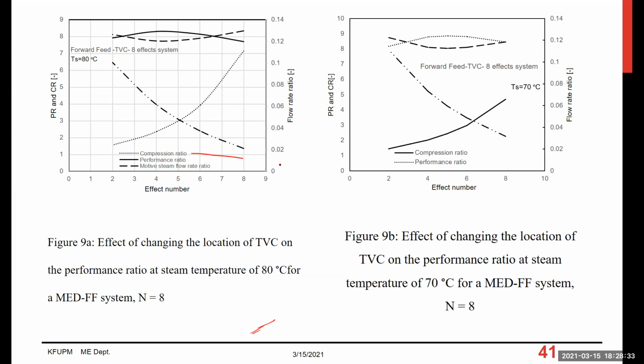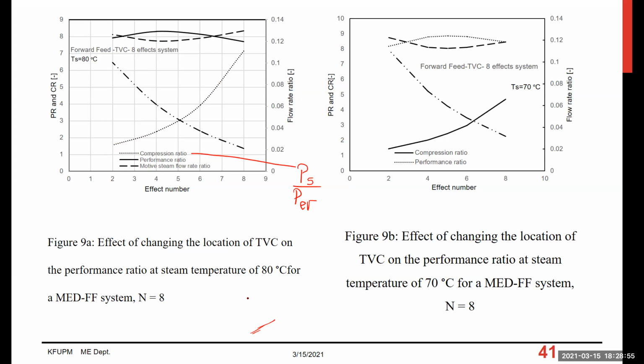What is the compression ratio? To remind you, it is the pressure of the compressed steam leaving over the pressure of the entrained vapor. So this is the compression ratio. When you are putting the TVC at lower stages, what happens at lower stages?